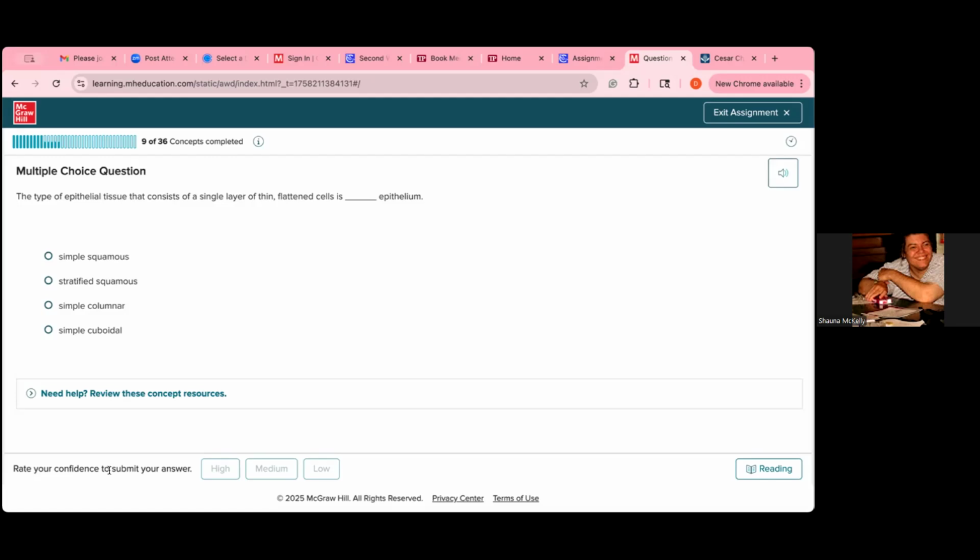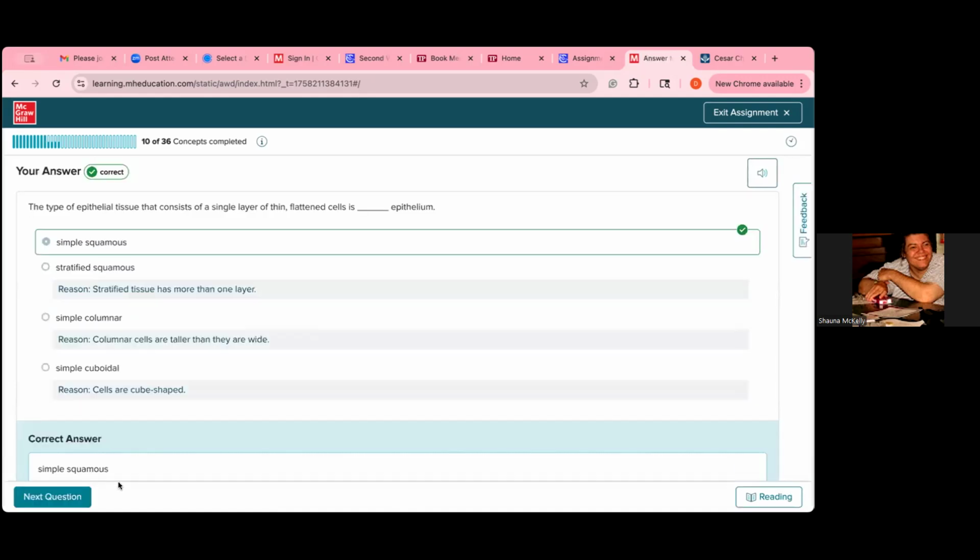One layer, squamous meaning scale or flat. Simple squamous epithelium. Good.